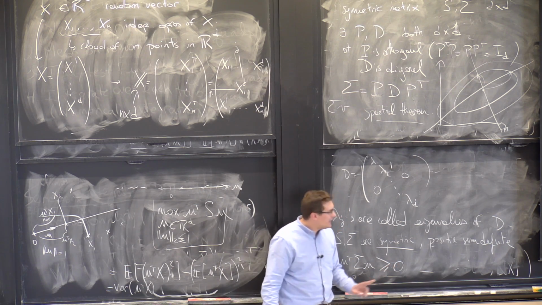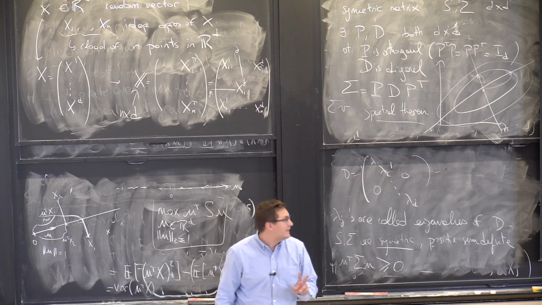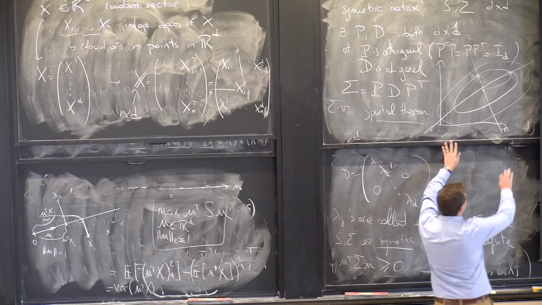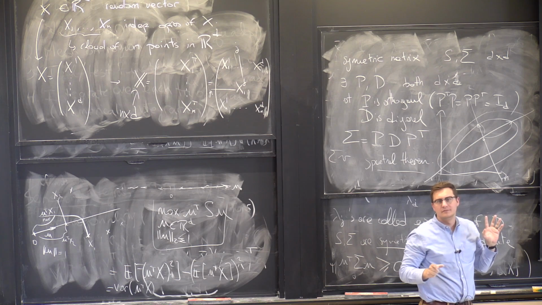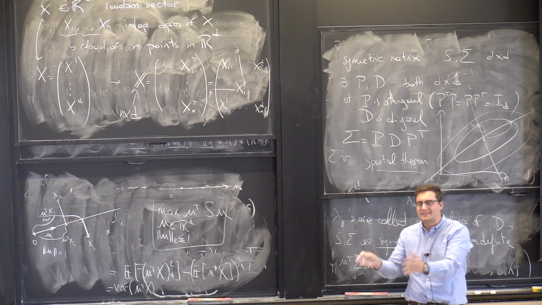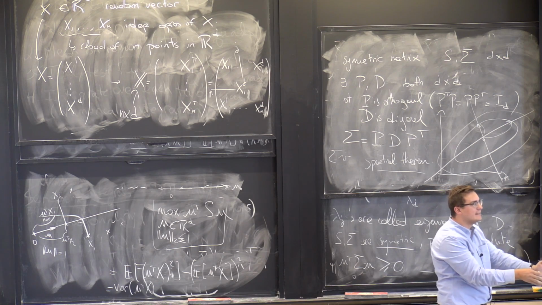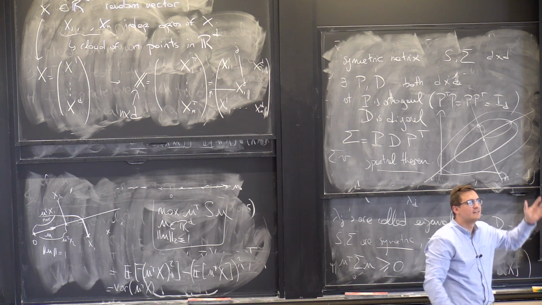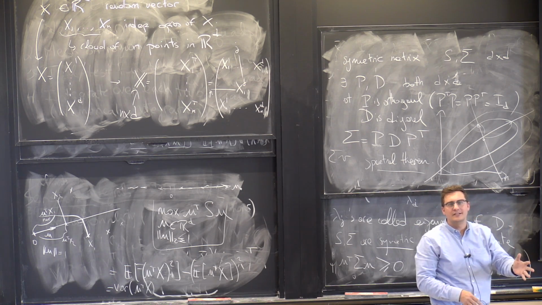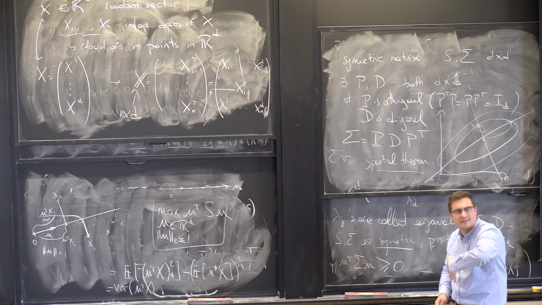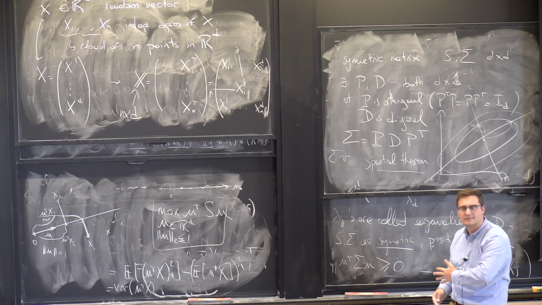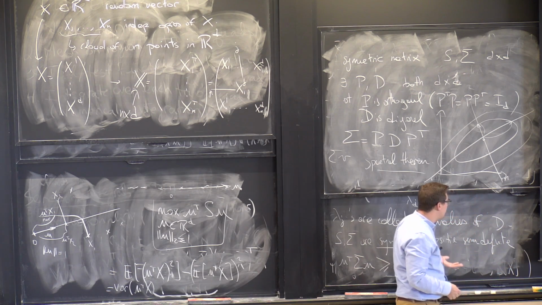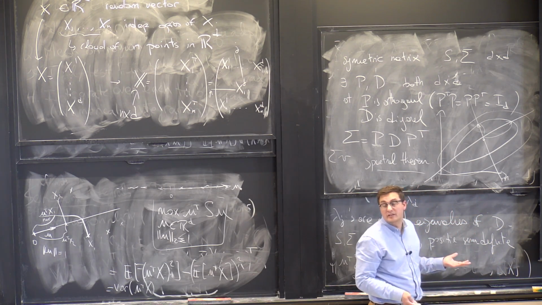Now, if I had some negative numbers, the effect is that when I draw this picture, those axes are always positive, which is kind of a weird thing to say. But what it means is that when I take a vector v, I rotate it, and then I stretch it in the directions of the coordinates, I cannot flip it. I can only stretch or shrink, but I cannot flip its sign. In general, for any symmetric matrix, I could do this.